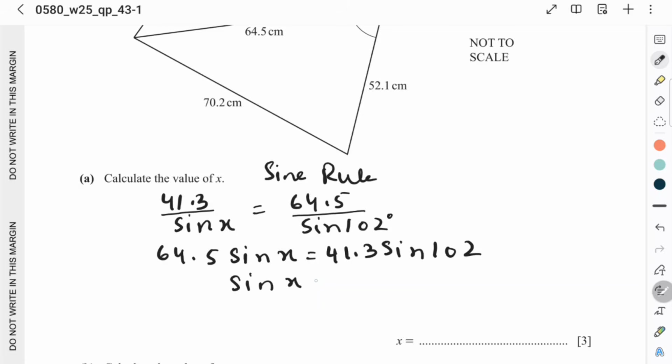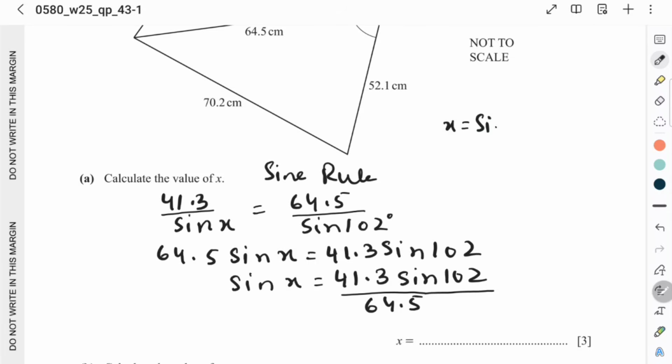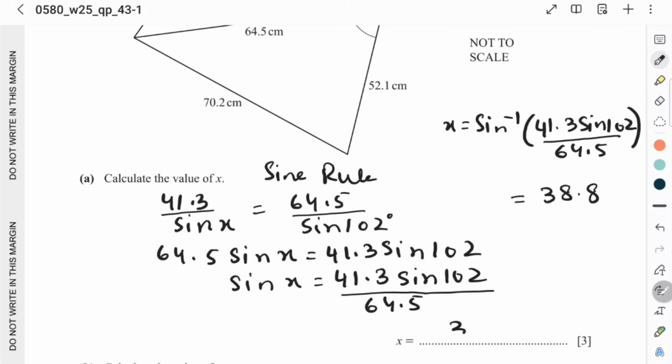Sine x is equal to 41.3 sine 102 upon 64.5. So we are going to find the inverse of it. So x is equal to sine inverse of 41.3 sine 102 divided by 64.5. Calculate, it is 38.8. Your answers can be 38.8 or 38.77 or 38.78.